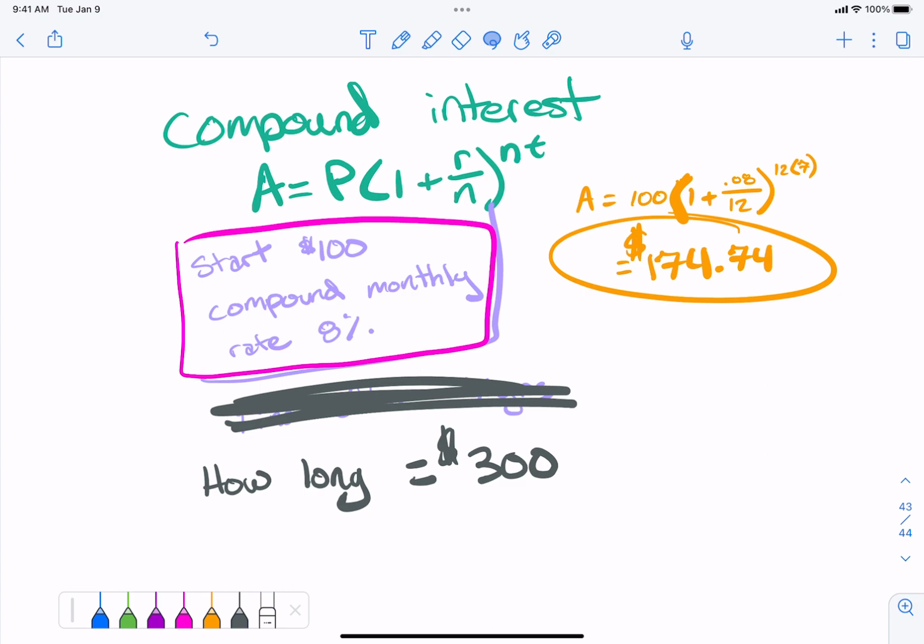What's 0.08 over 12? 3/4, but with an extra 0.0. 0.075, right?